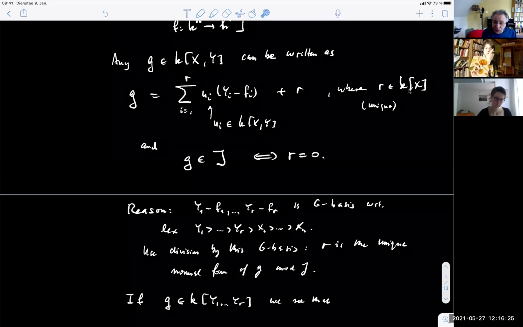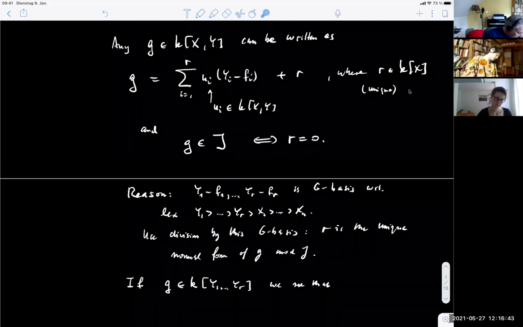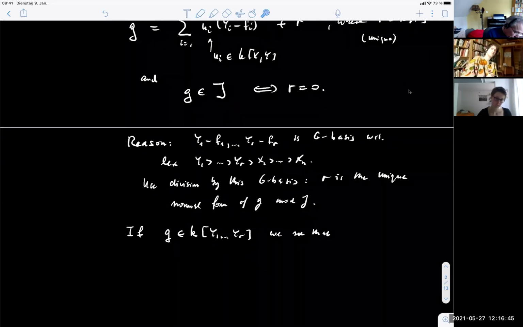If I substitute my y variables by the f, I say yi should become fi. I make a substitution. Then these things become 0, and this whole contribution becomes 0. And so the g after the substitution becomes the r.